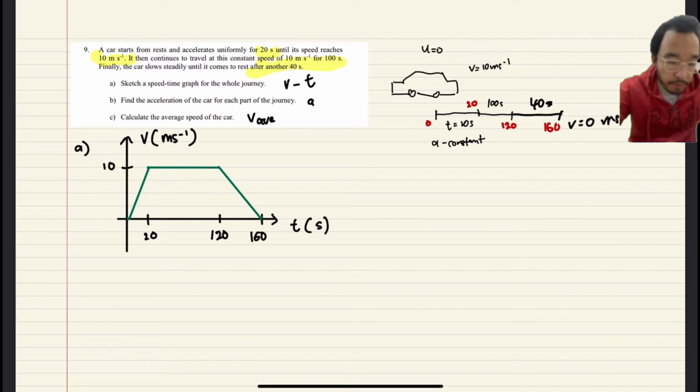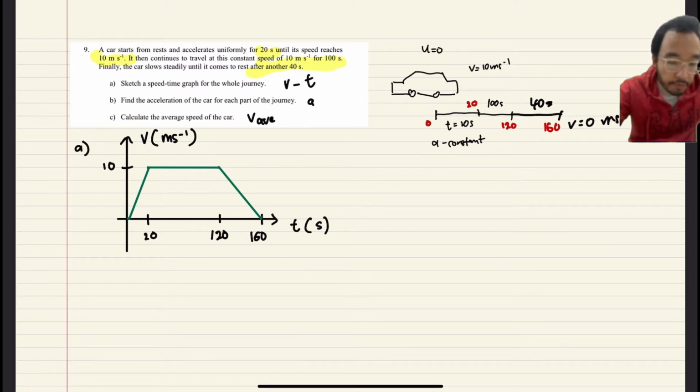Basically, from 0 to 20, constant acceleration, accelerates until 10 meters per second, and then from 20 to 120 seconds, it continues at the same velocity. It's still moving, but at the same velocity. And then from 120 to 160 seconds, the car decelerates and stops.